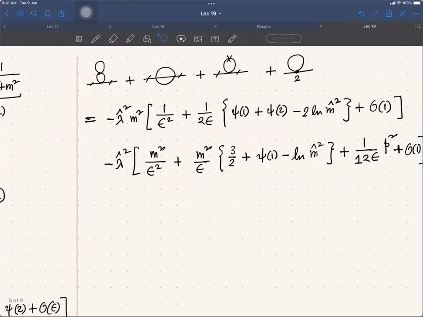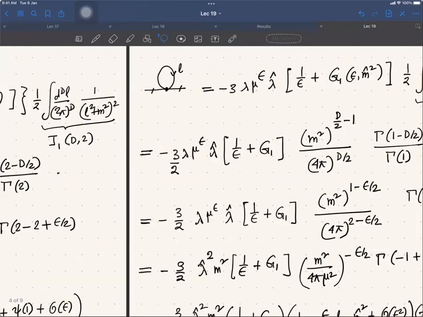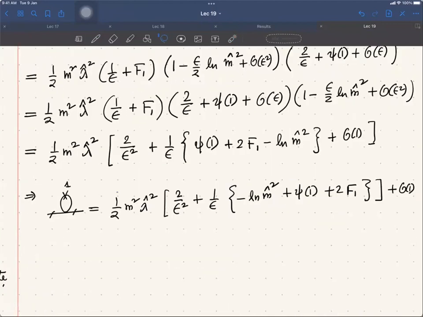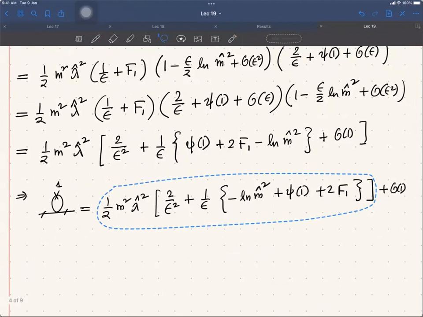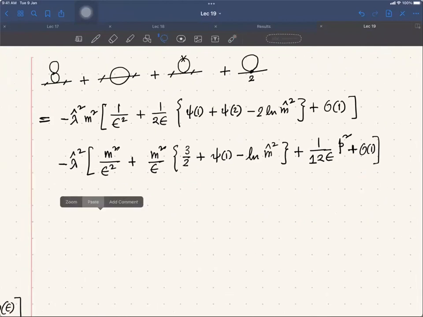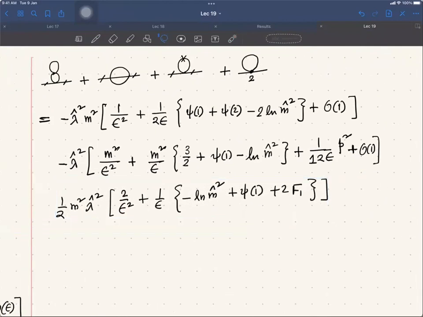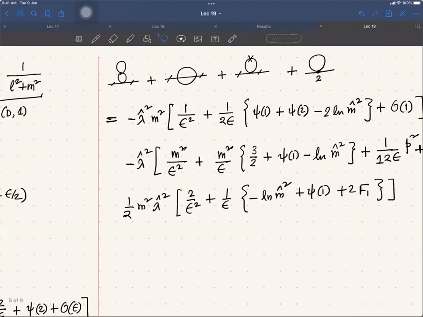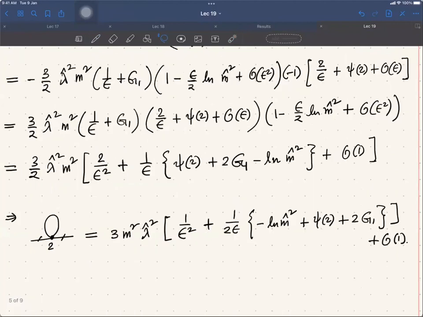And then the new result that we found here, and the last one is this one.